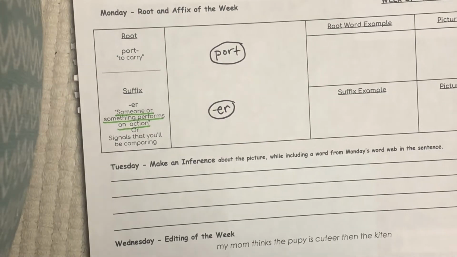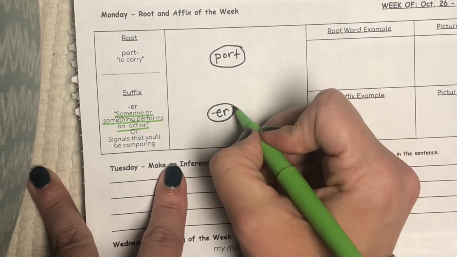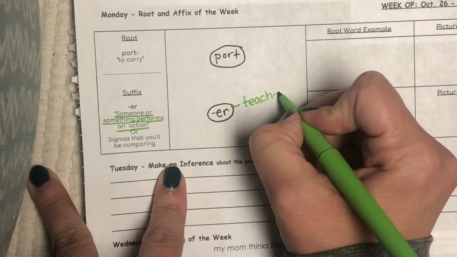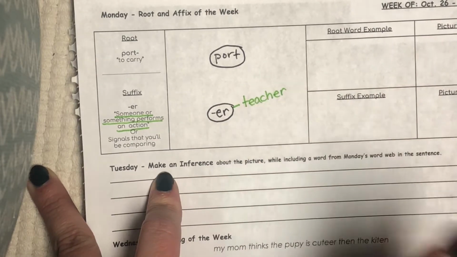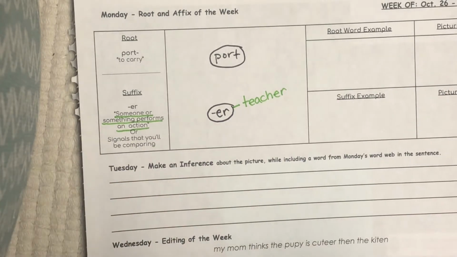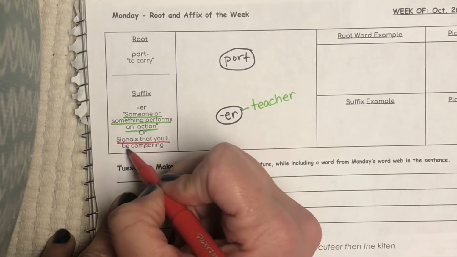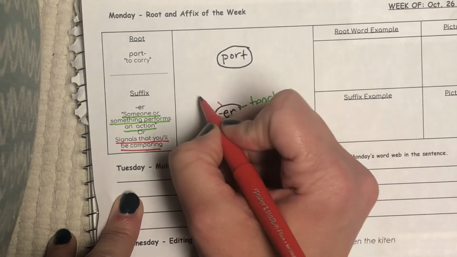So for example, you can talk about the word teach and change it to teacher, and now someone is doing the action of teaching. Or it can also signal that you're comparing something, such as the word bigger.